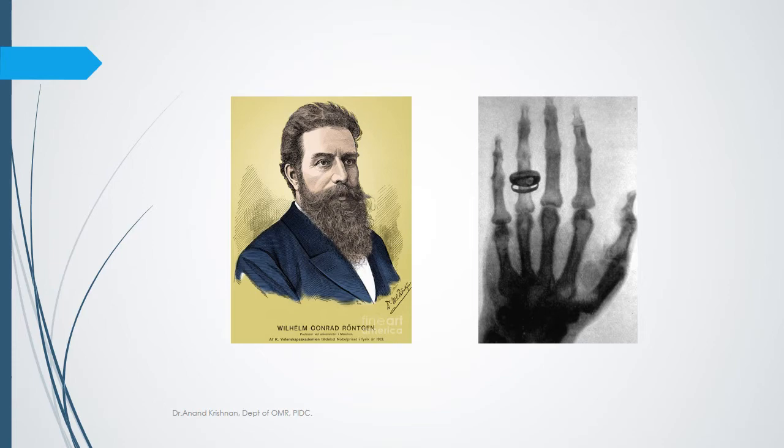So there is a little bit of back and forth, but it's a renowned fact that Dr. Wilhelm Conrad Röntgen is the father of radiology, and the image you see there is the first ever radiograph of a human being that was taken, and this actually belongs to his wife.